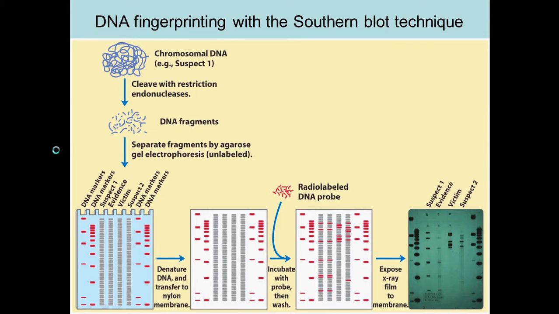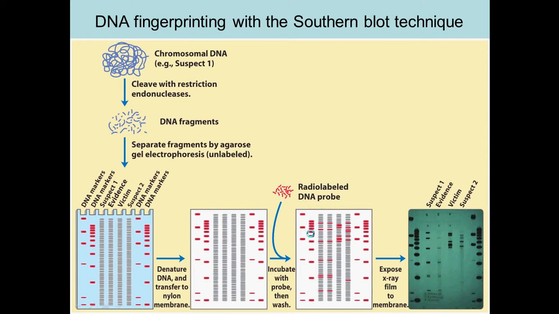And how to catch criminals using DNA. So you have the chromosomal DNA, and then you cut it up with restriction enzymes, or restriction endonucleases, to get DNA fragments. Then you run the gel, and it'll separate into fragments, and then you add DNA markers.